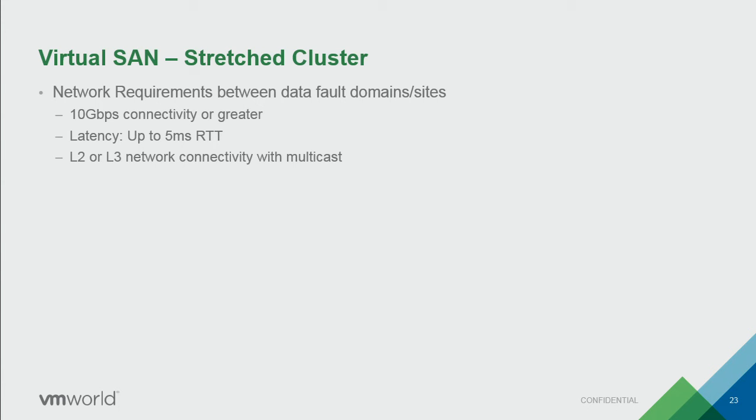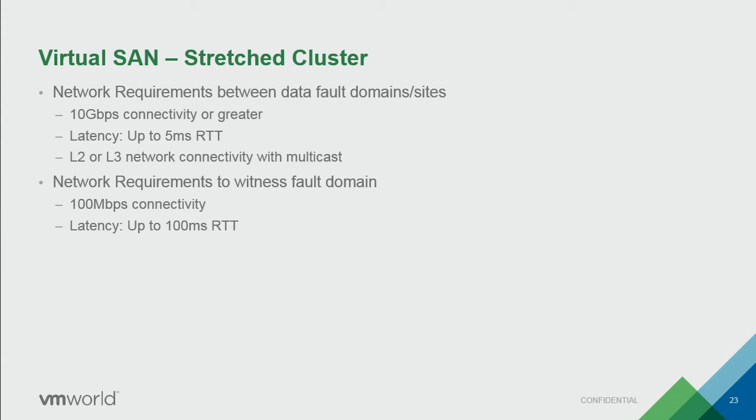If you're doing L3, then you do the L3 multicast routing that I talked about earlier. For the witness, it's a little bit different: lower requirements and higher latency supported, because this is just the metadata going to the witness. We don't have any user data there. And this is just L3 connectivity, with no multicasting. This is just having a witness site somewhere, either in your data center or some other site.